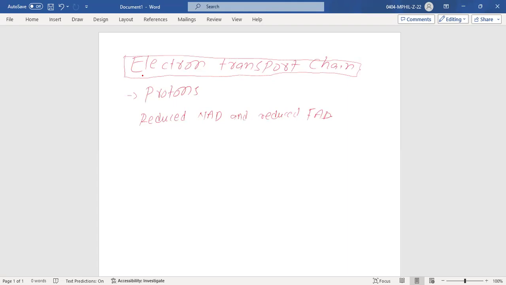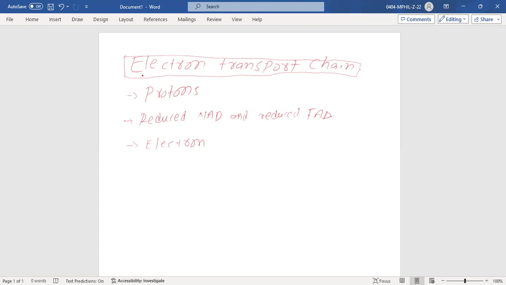In this case, the additional thing that you will have will be electron carriers. There are some specific proteins which will be involved to carry the electrons from one place to another.